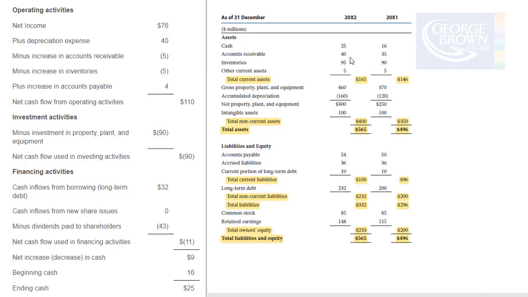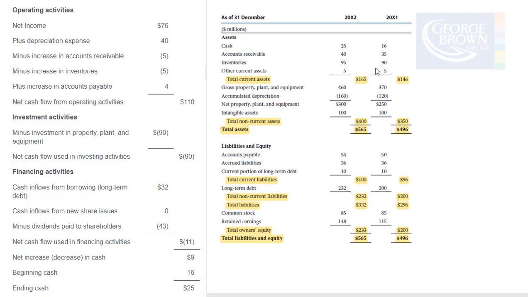So that's a use of cash. We had sales, but we didn't collect the cash. Our accounts receivable have increased. So that's a use of cash, and that's why that's a negative number right there. So 76 net income plus the depreciation expense minus the increase in accounts receivable. If accounts receivable went down, that would be a positive number.